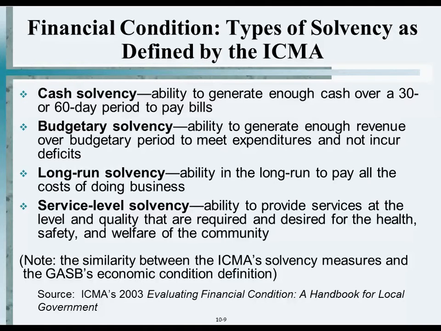And service level. See how close these are? The only thing new you see here is budgetary solvency. But these are the four parts that are used by the International City Management Association to look at solvency. And it's interesting because this is short term, this is budgetary, this is long run, and this is service.